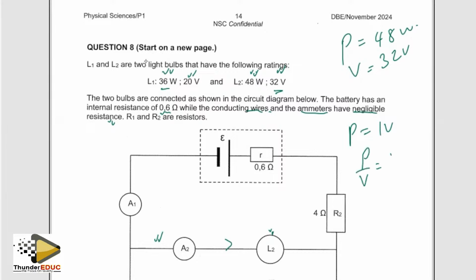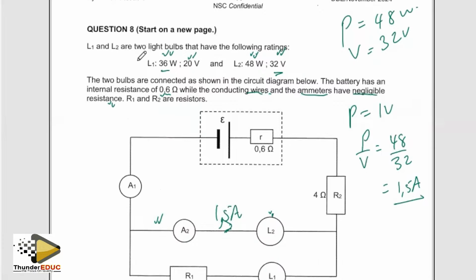So the power is 48, the voltage is 32. Use your calculator: 48 over 32 gives me 1.5 amps. So there's 1.5 amps within L2.